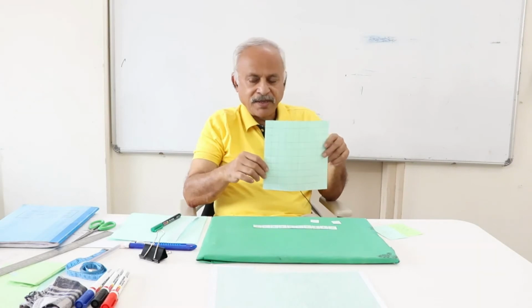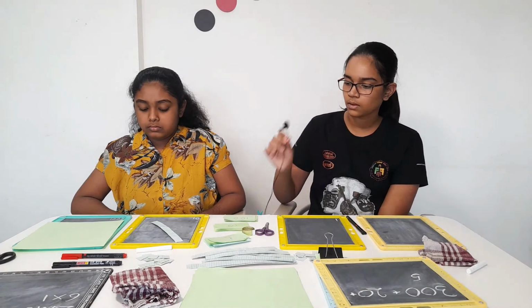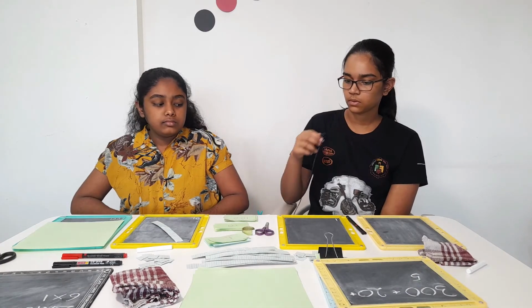Right? Now, if I take this 10 and I divide it into 10 equal parts, what will happen, Nandita? We'll get 1, which will go in the house of ones.